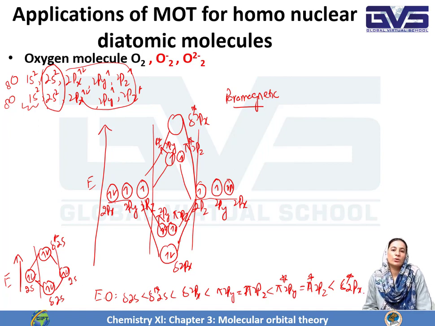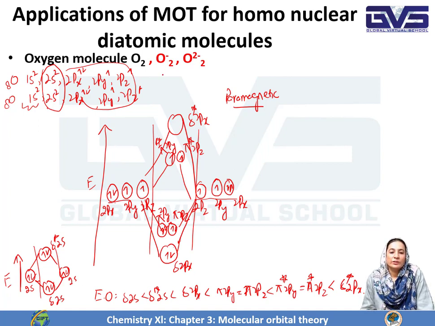So this is the energy order. The difference with nitrogen is here. In that case, sigma 2px was raised to a higher energy, while the pi molecular orbitals were towards lower energy. This is because in this case the energy difference between 2s and 2p is greater, and they do not intermix to attain s or p character.